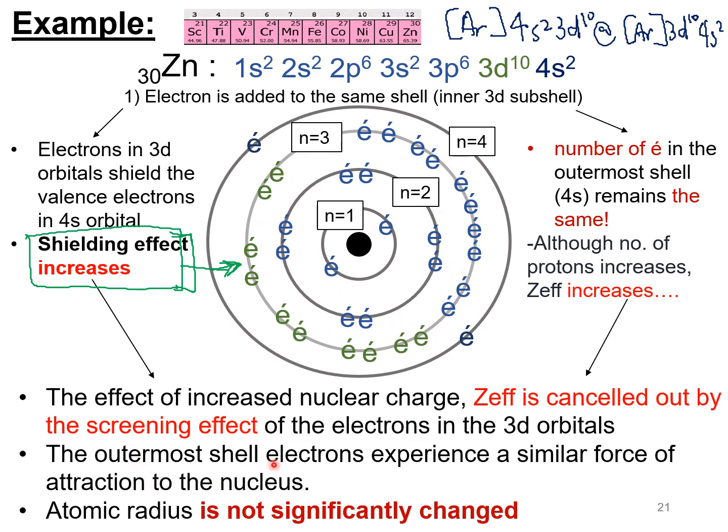Okay, so the outermost shell electrons, outermost shell n equals to 4 ni, the valence electrons lah, akan experience a similar force of attraction to the nucleus. Sebabkan ada shielding effect yang kuat dekat 3d, makanya the attraction between the outermost shell dengan nucleus akan lebih kurang sama sahaja. Okay, therefore the atomic radius will not change much.